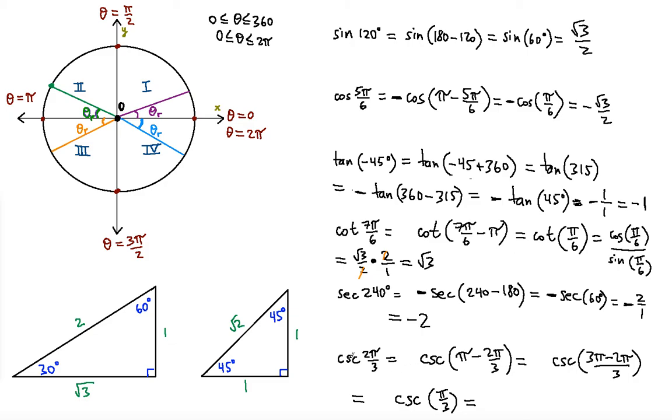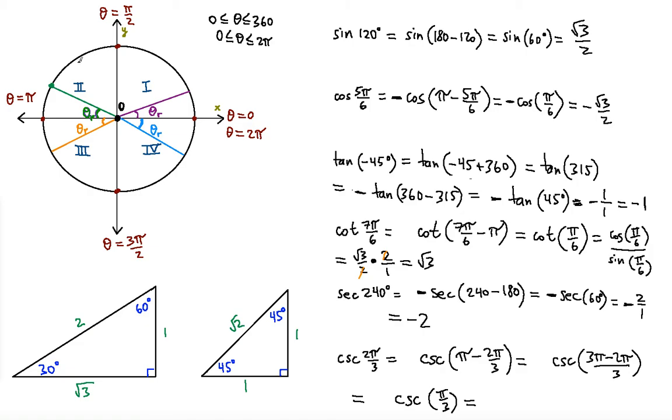Now the cosecant in quadrant 2, cosecant in general has the same sign patterns as the sine does, right? Same sign patterns in all quadrants. So in quadrant 2, the sine is going to be positive, because sine accounts for the y-coordinate of any point on the circle.